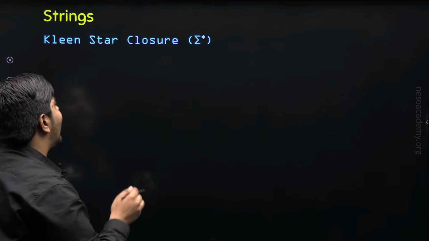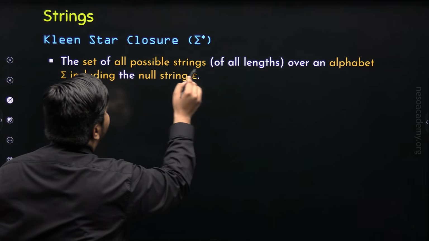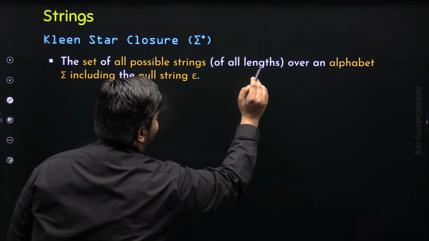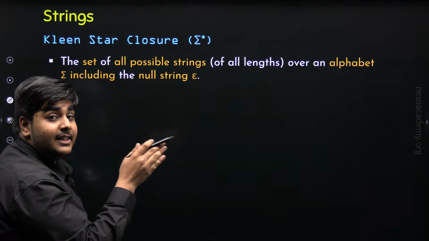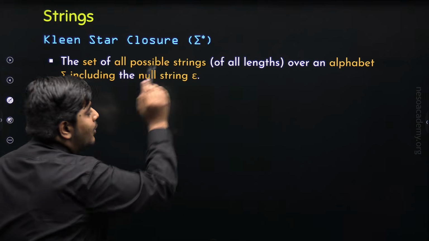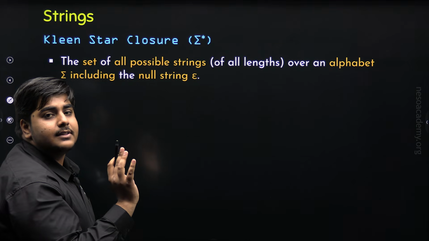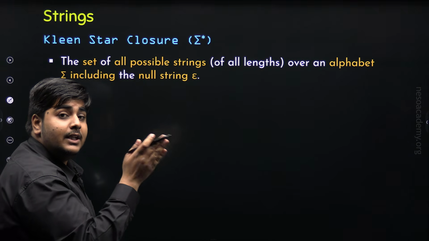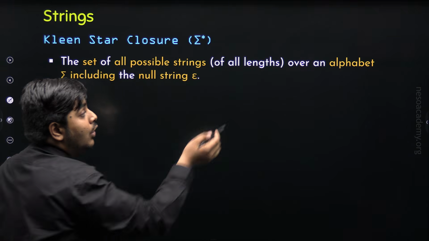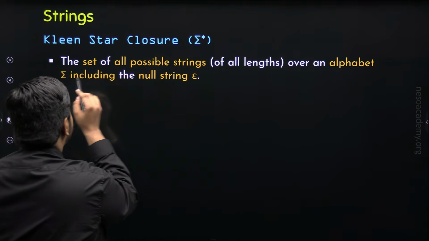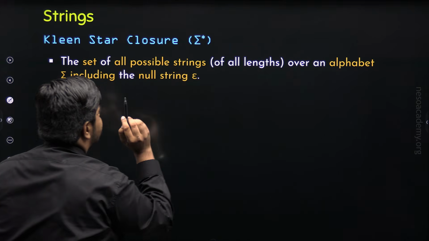So it is defined as the set of all possible strings of all the lengths. That means we are creating a set containing all the possible strings of all the lengths, length 0, length 1, length 2, and so on, over a given alphabet, sigma, including the null string.